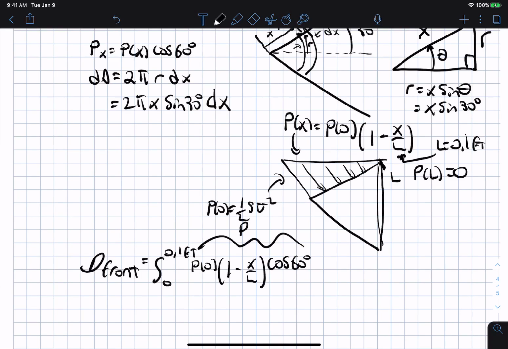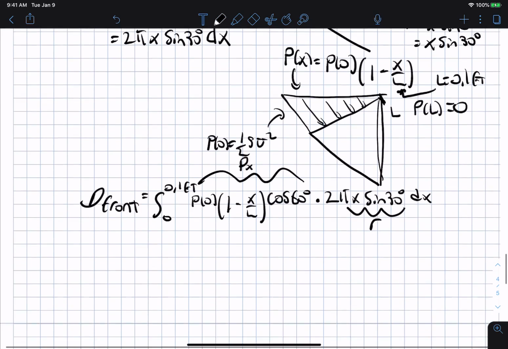This whole thing here is what I called Px, times dA, which is 2 pi x sine 30 degrees dx. And this would be r. Okay.